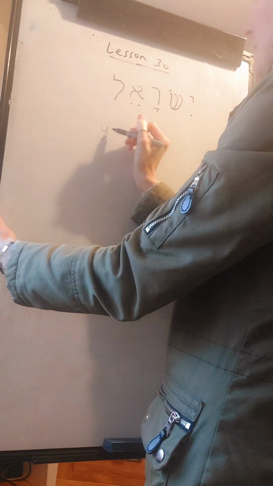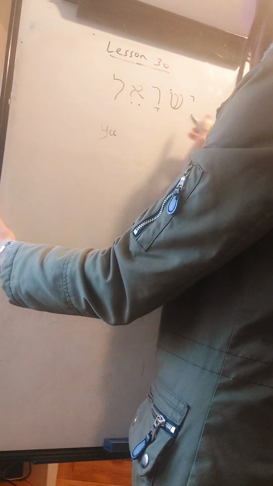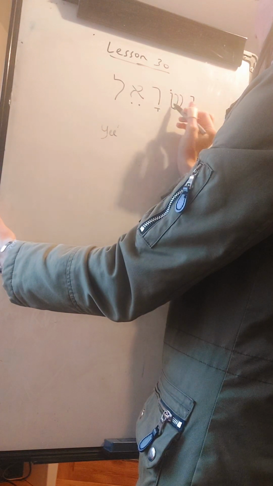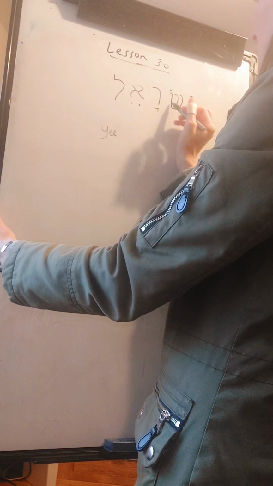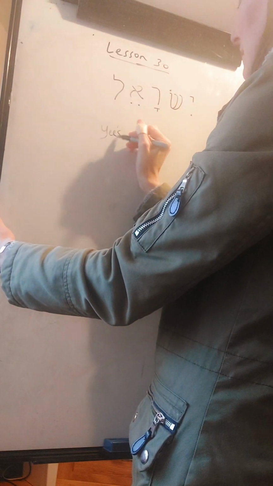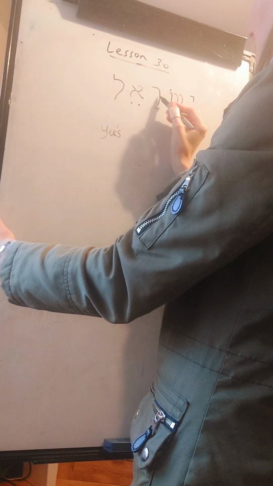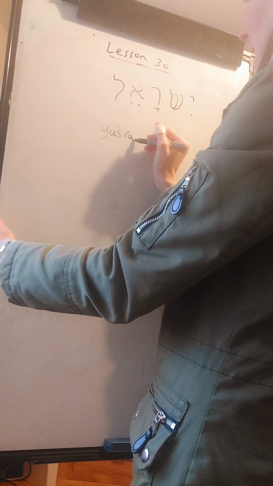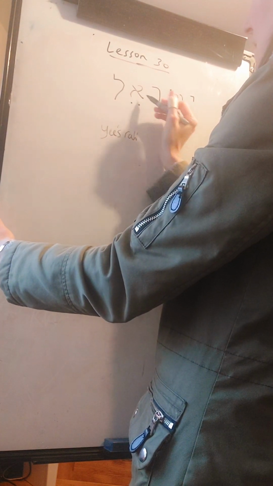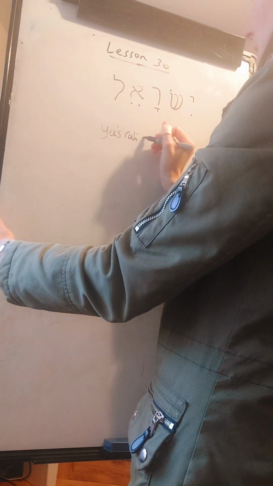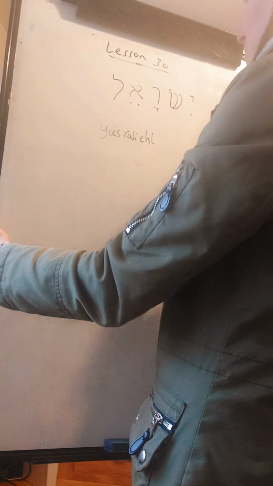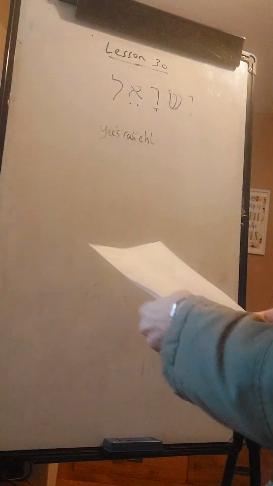Vowel sound, the I vowel sounds as e. That's the seen, the new consonant we learned today, which sounds as s. Then you go to the next consonant, it's the resh, sounds as r. Vowel sound a. Vowel sound e. Lamed at the end. Yisrael, which is Israel.